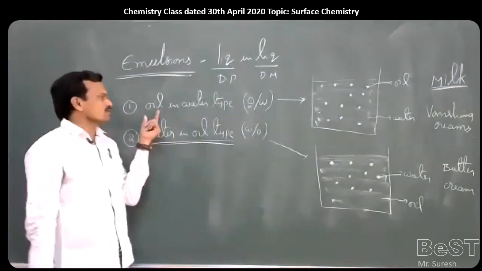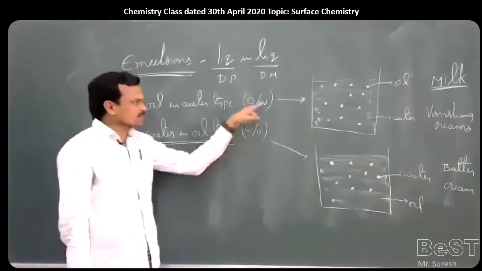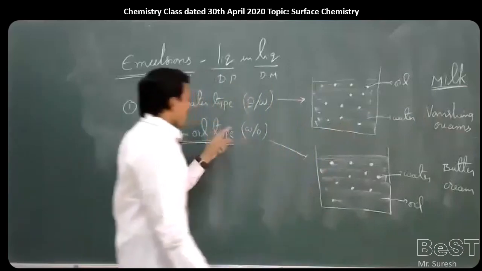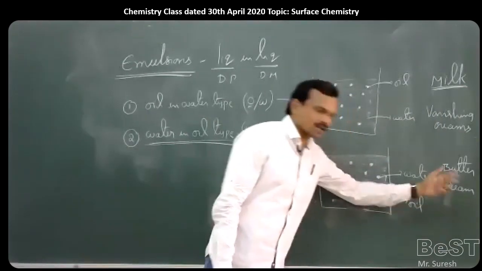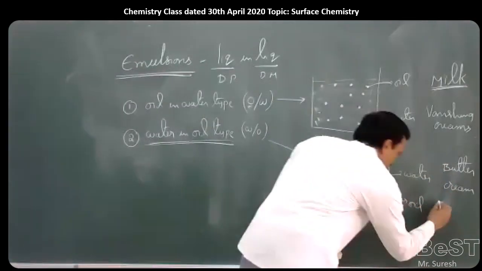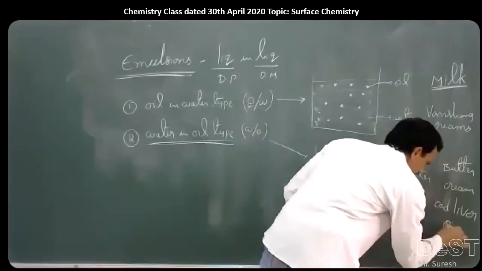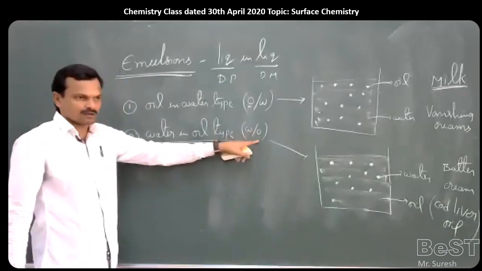Depending on the dispersion of the particles, we can get two types of emulsions: oil dispersed in water type, examples are milk and vanishing creams, and water dispersed in oil type, examples are butter and cream. One more example, cod liver oil, is also an example of water dispersed in oil.